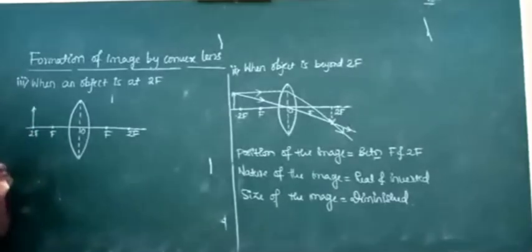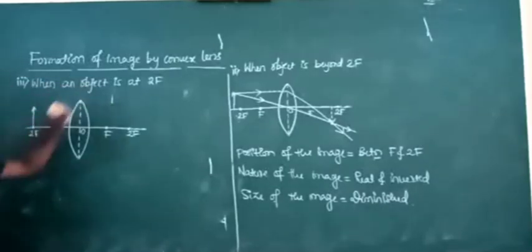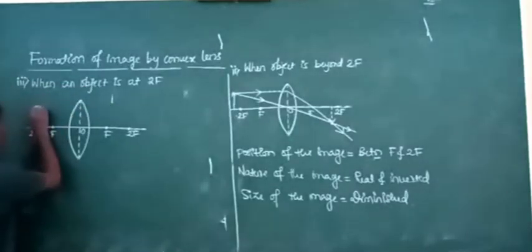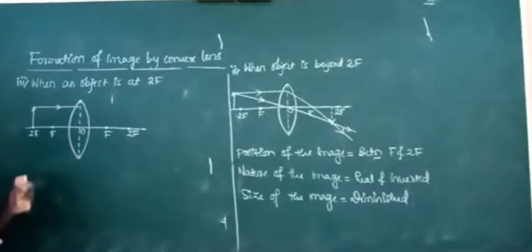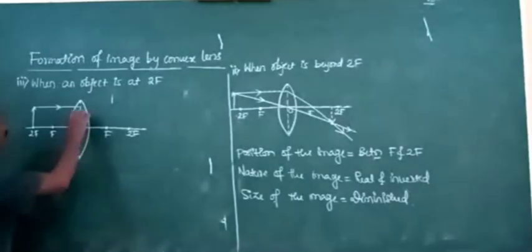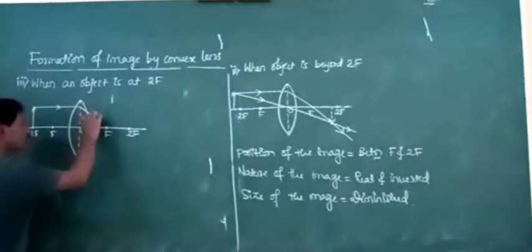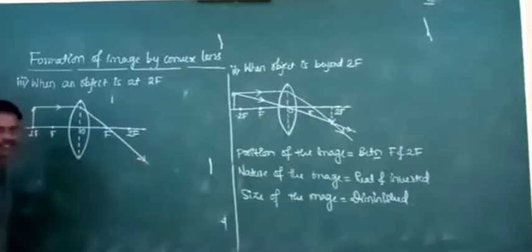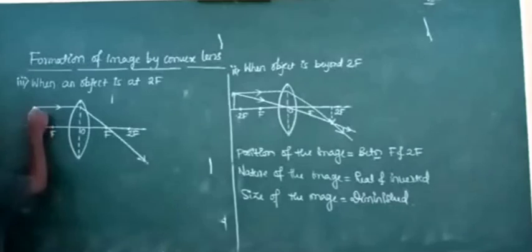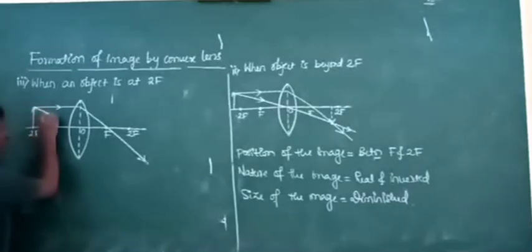Then the first incident ray. Which is the first incident ray? The incident ray parallel to the principal axis. After refraction, the refracted ray passes through the second principal focus. Then the second incident ray, which is passing through the optic center, passes without any deviation.